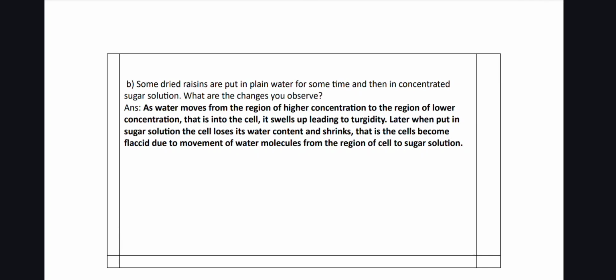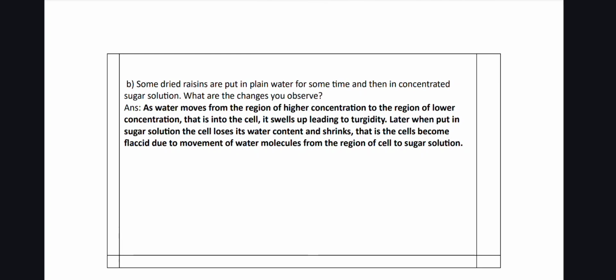So later, next step, what do we do when we put it in sugar solution? Now first we had taken plain water, now we are taking concentrated sugar solution. So what is more over here? The sugar solution is high. So the cell loses its water. These raisins again we take and put into the sugar solution. So the cells of the raisins lose their water and shrink down. The swollen raisins become smaller when put in sugar solution.